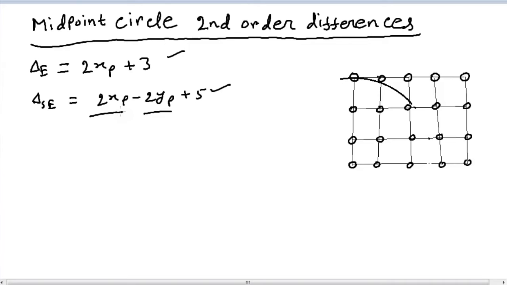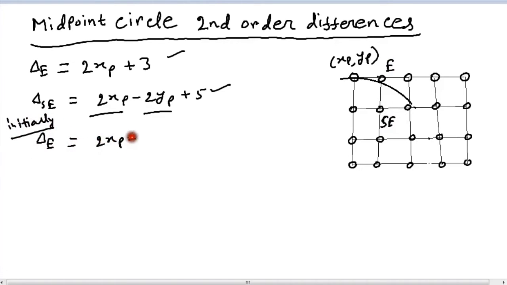Now, suppose this is our XP, YP. That means this is our E and this is our SE. So initially our del E is equal to twice XP plus 3, and of course our del SE is equal to twice XP minus twice YP plus 5 as before.